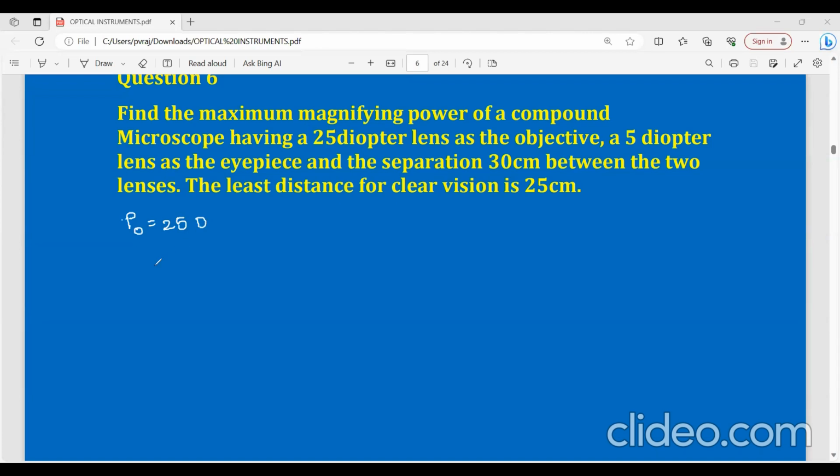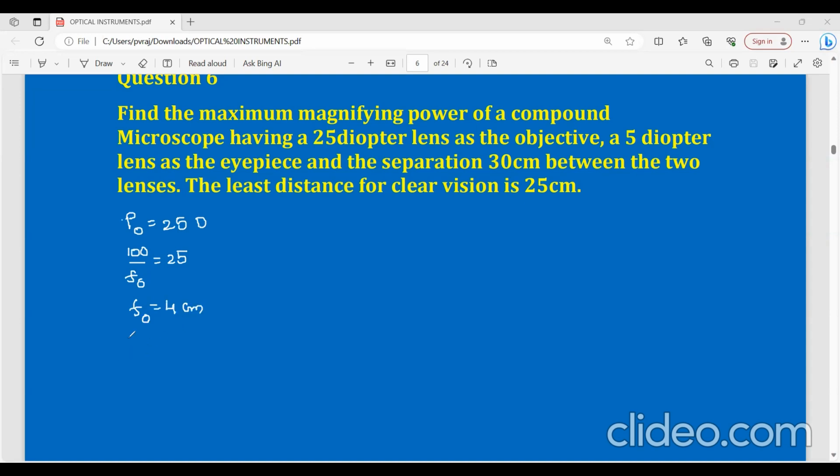But mostly we use the focal length value to solve many things here. What is the formula for power? 100/f, with f in centimeters, equal to 25. Then f will be 100/25, which is equal to 4 centimeters.